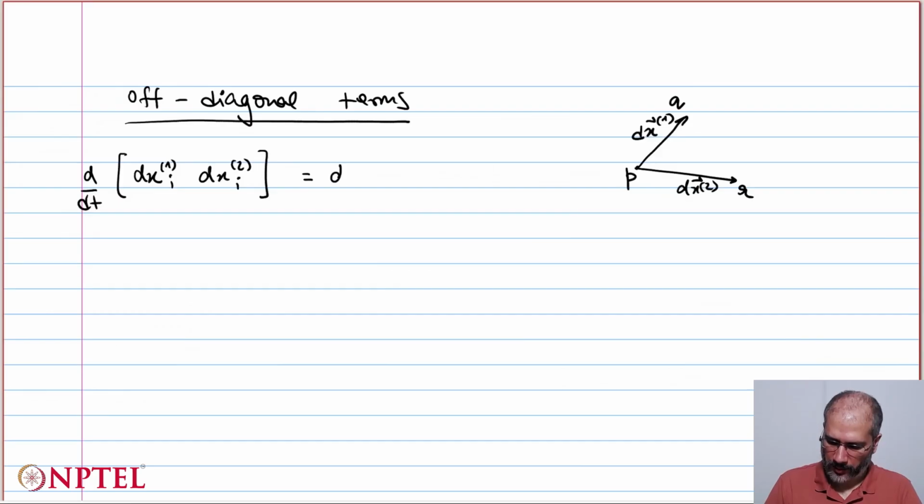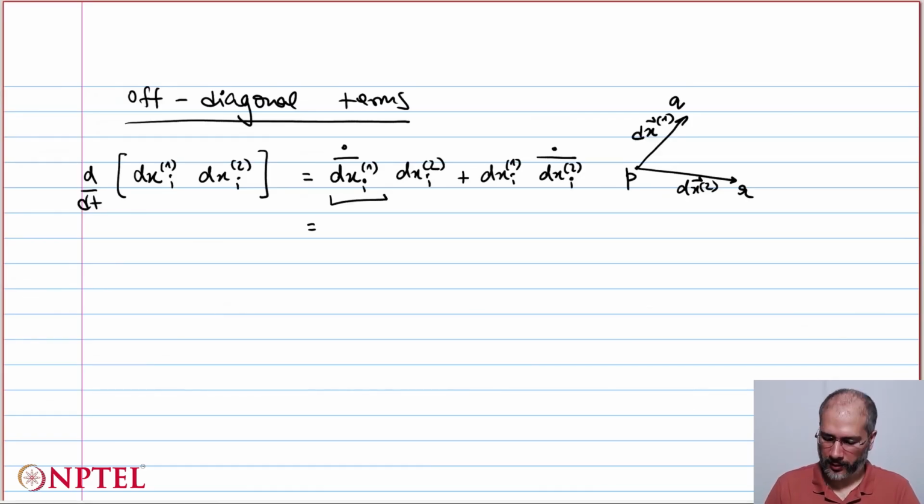So this will become dx1i dot times dx2i plus dx1i times dx2i dot. And this dx1i dot is simply dv1i and so on.